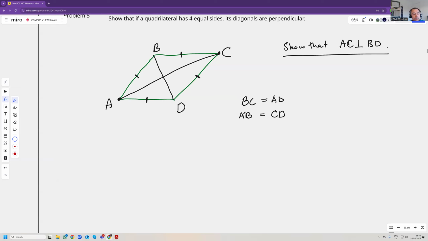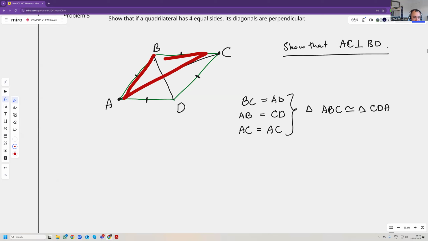And the side AC is equal to side AC. And that means that triangle ABC is congruent to triangle CDA. So these two triangles are congruent, this one and this one, by side, side, side.